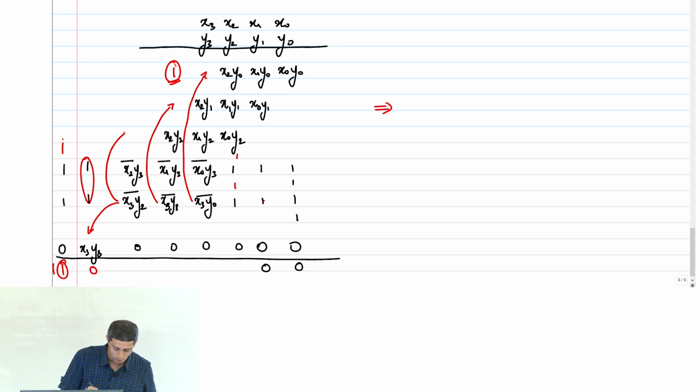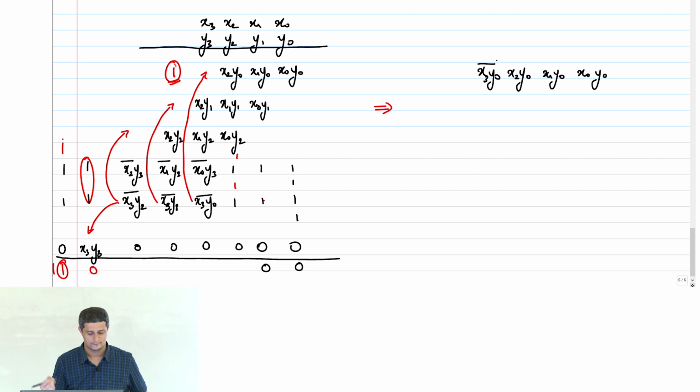And x3, y2 bar, I will put it here. So this is like x0, y0, x1, y0, x2, y0, x3, y0 bar.